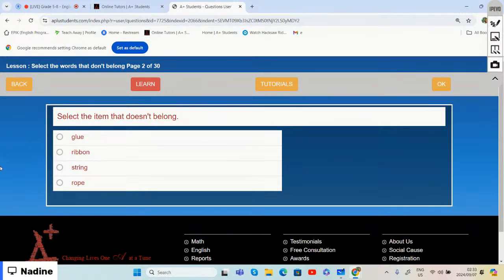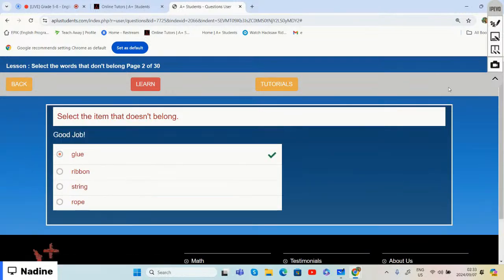Glue, ribbon, string, and rope. And yes, if we were to select the item that doesn't belong, glue doesn't belong, right? Ribbon, string, and rope, it's something that you can tie. But glue is something different. So well done.